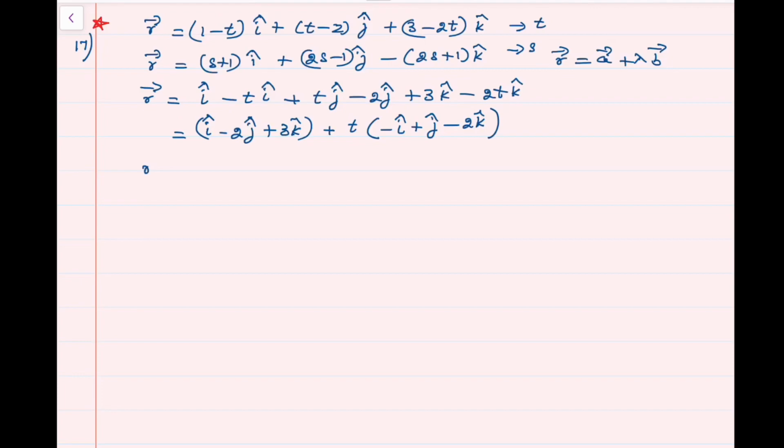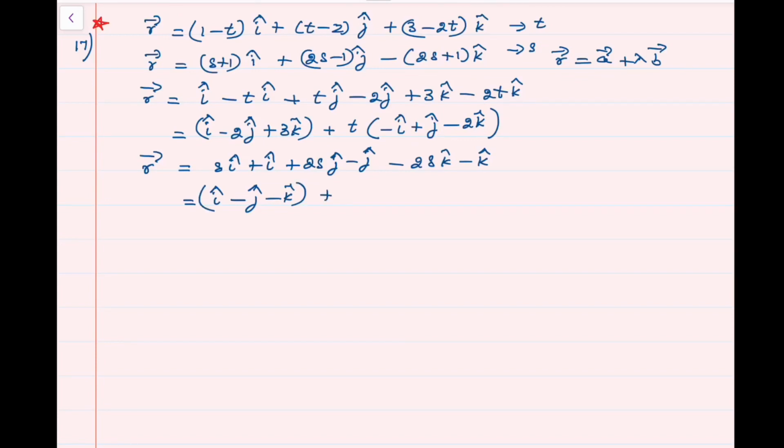Similarly, we will write the second equation. Vector r is equal to, open the brackets, si plus 1i plus 2sj minus j minus 2sk minus k. Now let us write all terms without s and then with s: i cap minus j cap minus k cap plus s times i cap plus 2j cap minus 2k cap.